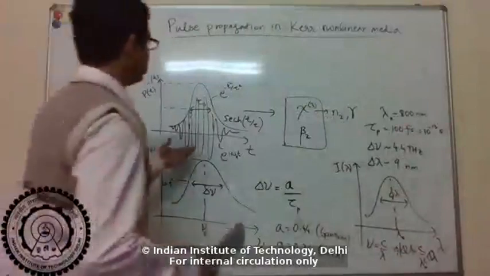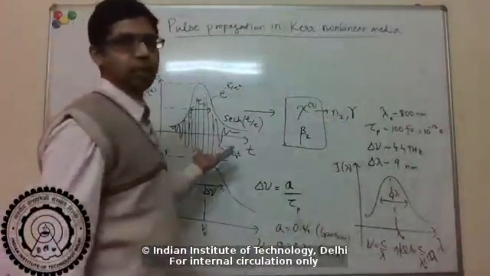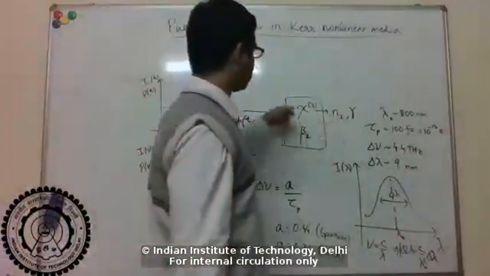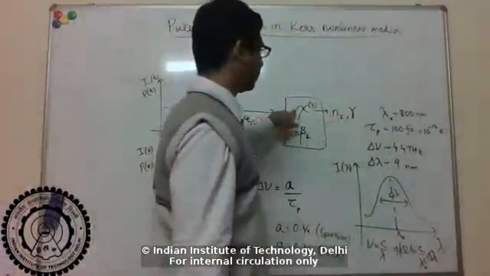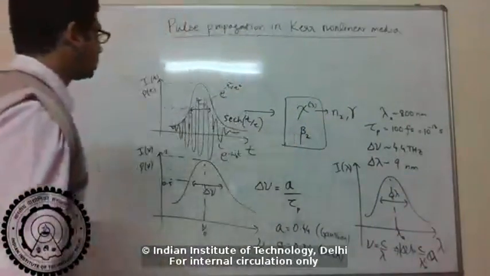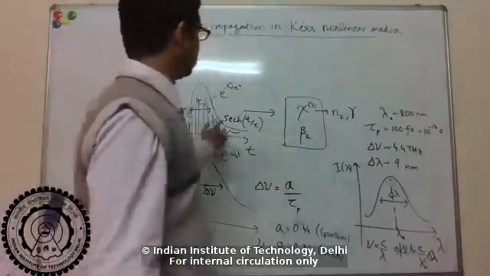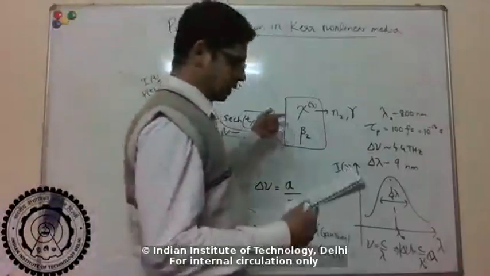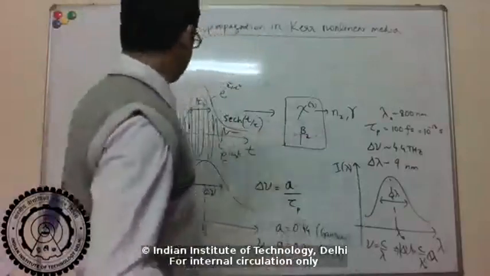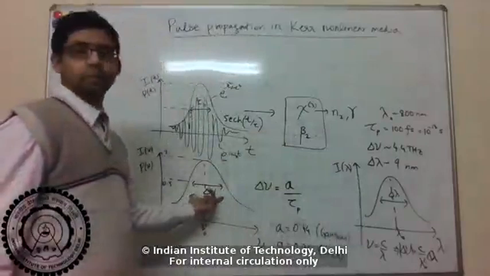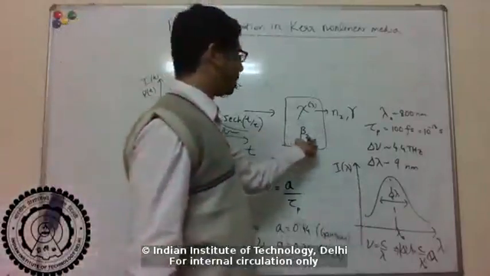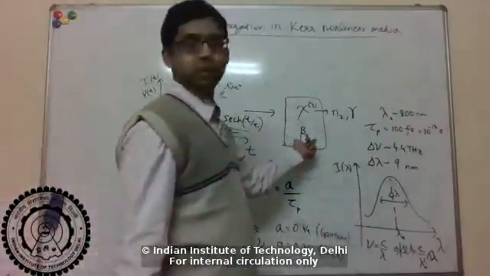Okay, so first we can just see qualitatively what will happen. If you have a pulse like this traveling through a medium which has both nonlinearity, specifically Kerr nonlinearity, and dispersion, what will happen? We can look at each case. What will happen due to dispersion? Basically, you have a bunch of frequencies present in the pulse, and dispersion is telling you that the different frequencies are traveling at different speeds.